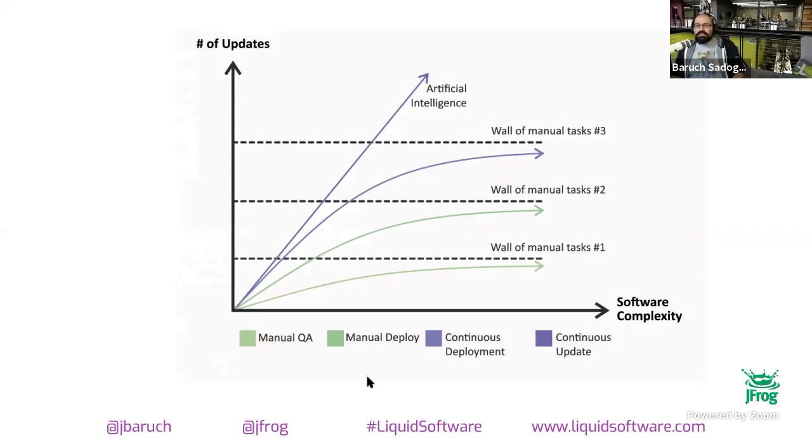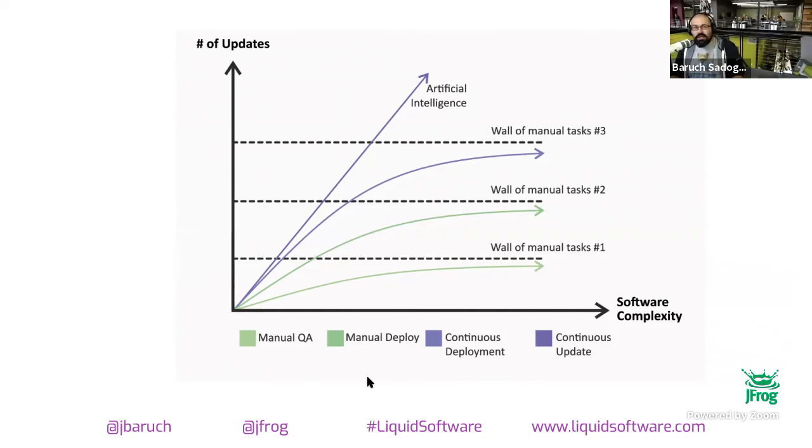And you can see here what we call the QA wall in our drive to continuous updates. Manual QA, manual deploy, continuous deployment, and continuous updates are all walls of manual tasks that we need to overcome.